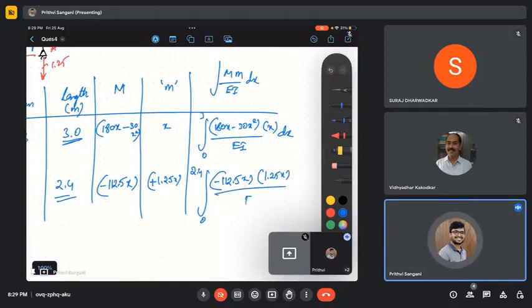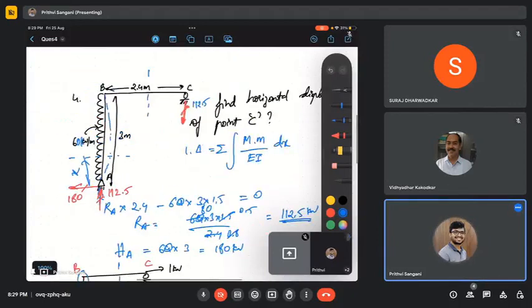Let us once check this. This is moving in this direction, and this is moving in this direction. Yeah, this should be positive. I think I have made a mistake here.